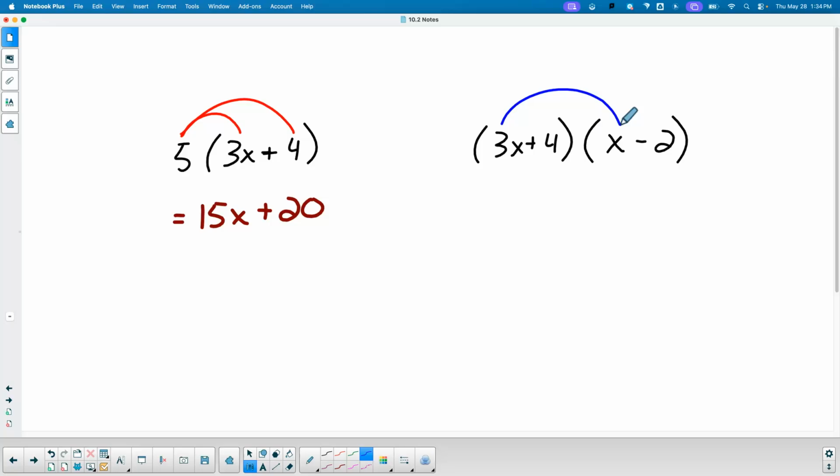What is 3x times x? Literally write it out.